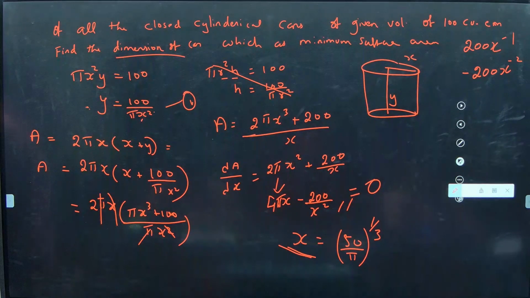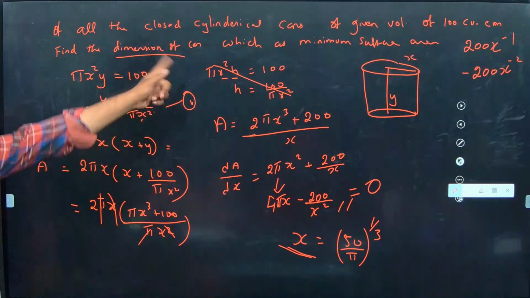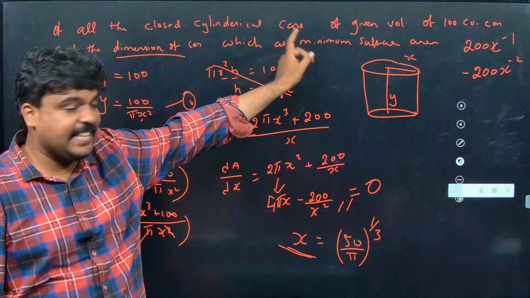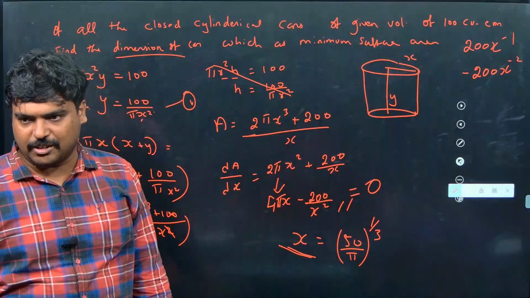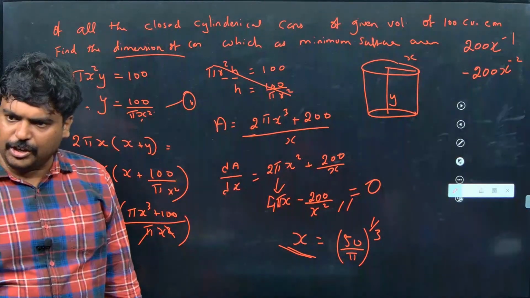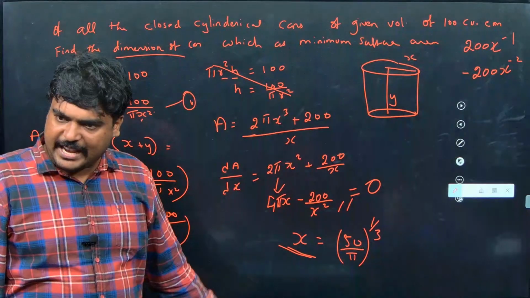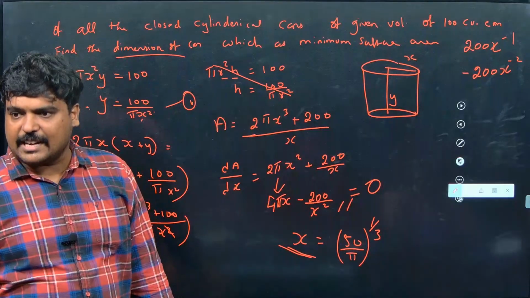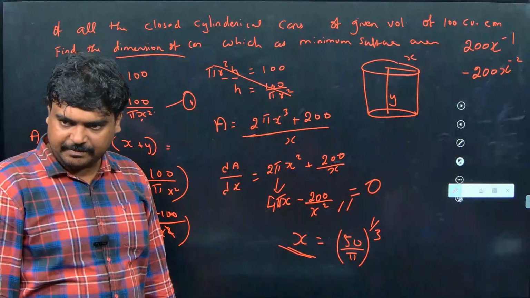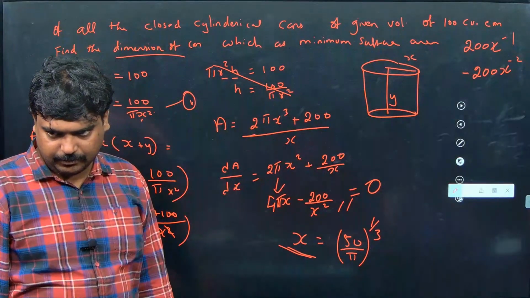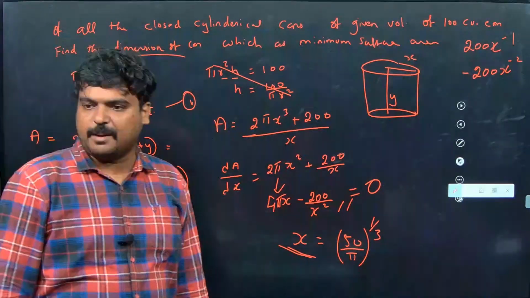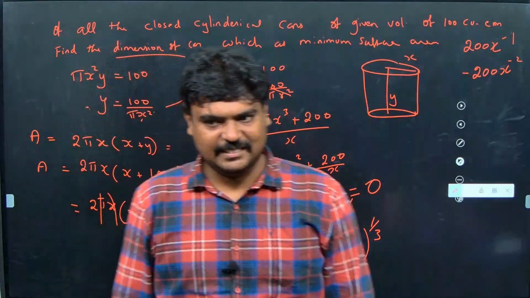Are you getting it? If a negative comes, then what we did is wrong, or we should say there is no minimum surface area. If I have two or three more x values, you can say there is no minimum value. If it is positive, then the cylinder would not even form for that minimum, you can't say like that.